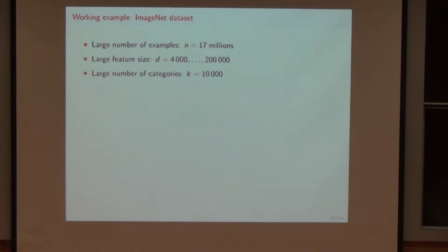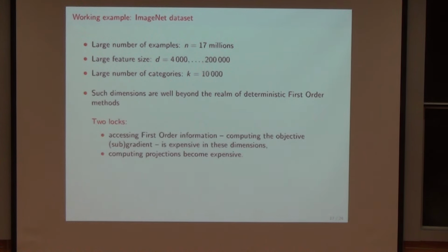If we take the example of an image data set, the dimensions of this data set are huge. You have a lot of images, you have a lot of features. This is a huge dimensional data set, and standard first order methods become very difficult to use.